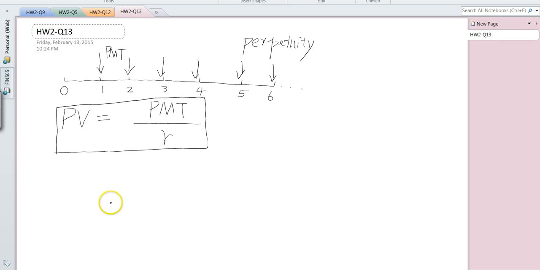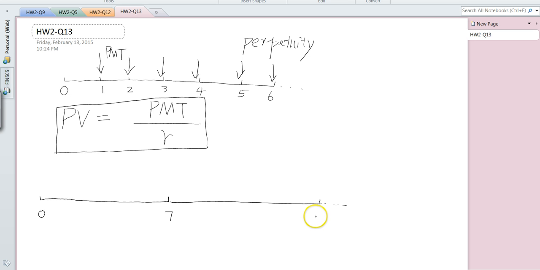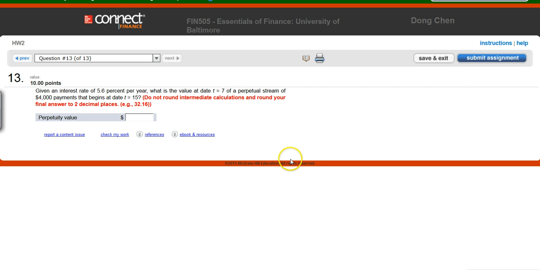Okay, so translating those words into this timeline here, this is what it basically means. So this is 0, and this is 7, and this is another date, t equals 15.